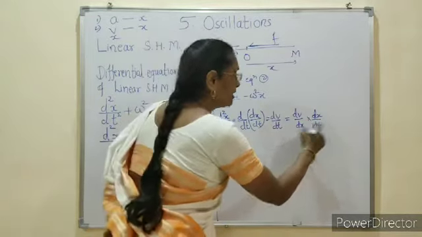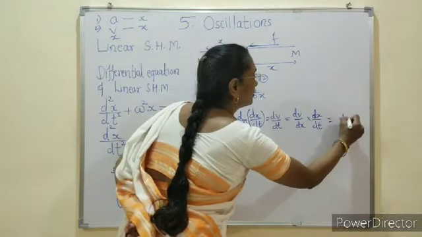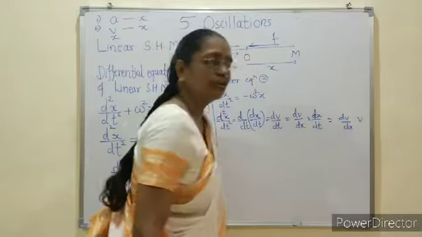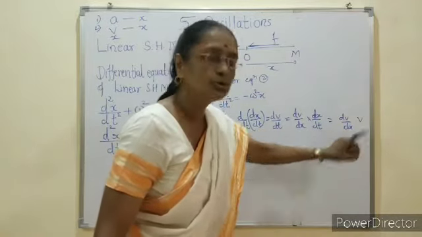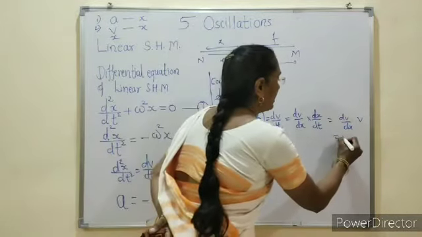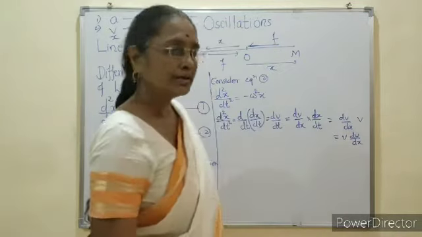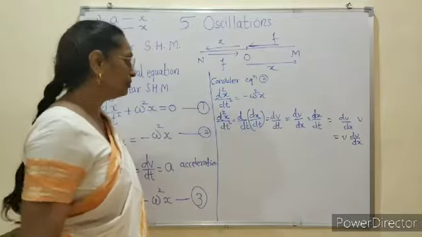We get dv by dx and dx by dt is v. So dv by dx into v, it can be written as v into dv by dx. So this is the simple adjustment for the double derivative.